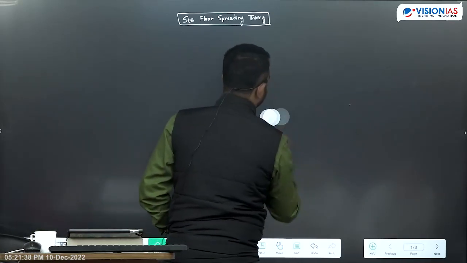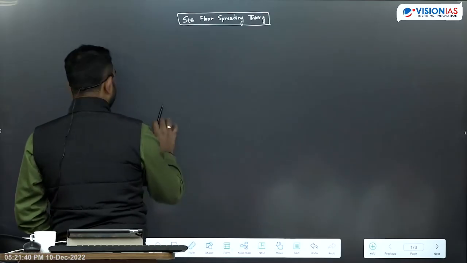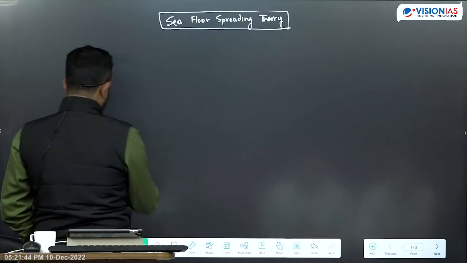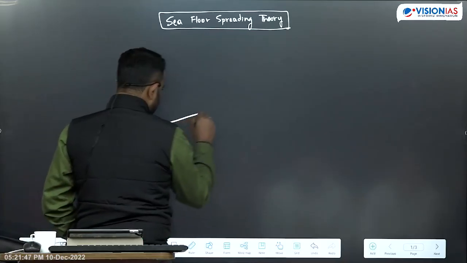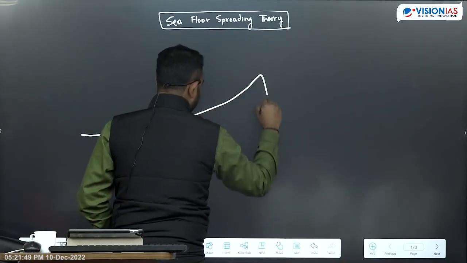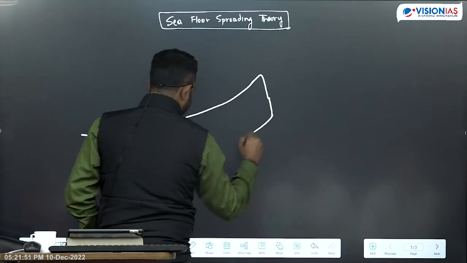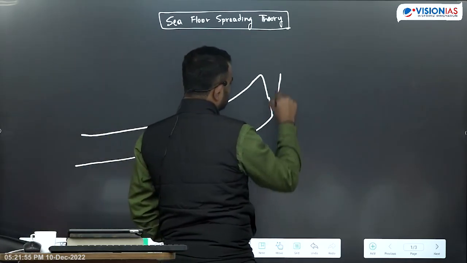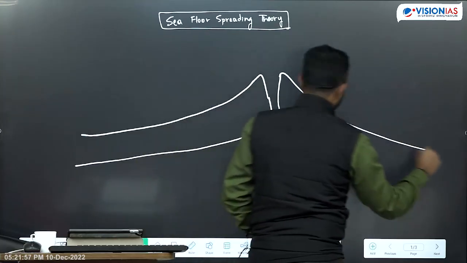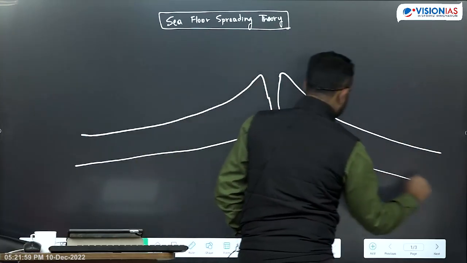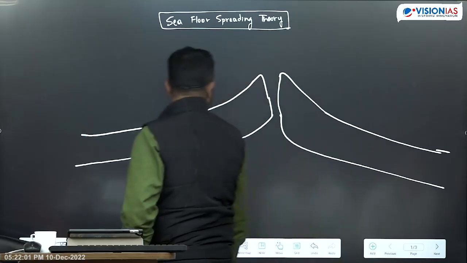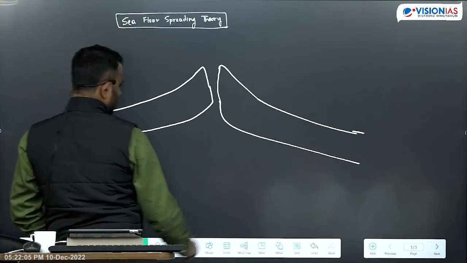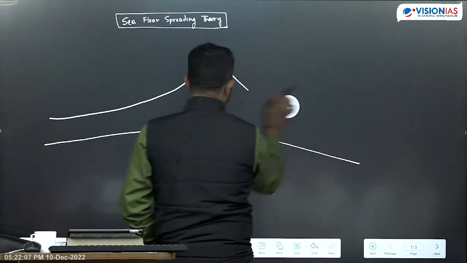That changed many things actually. So mid-oceanic ridges are the structures on the oceanic floor which are slightly elevated like this. Okay, so thoda sa elevated structures.